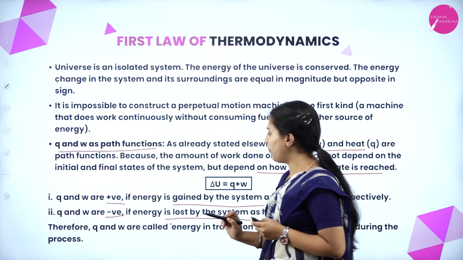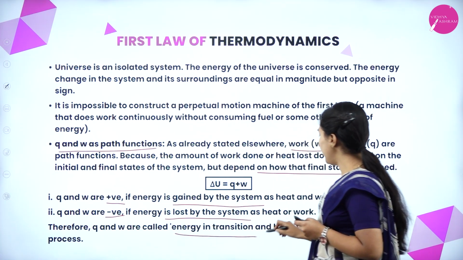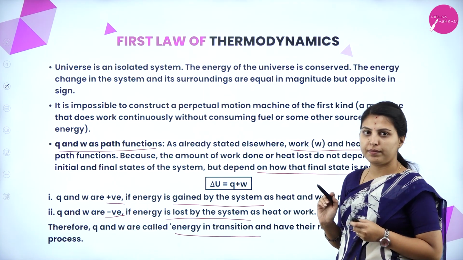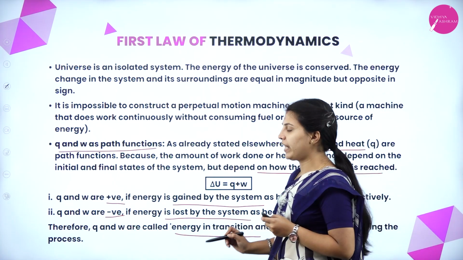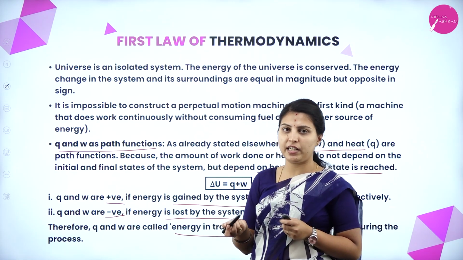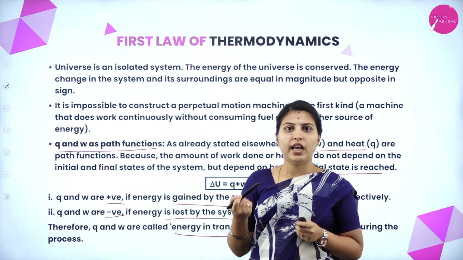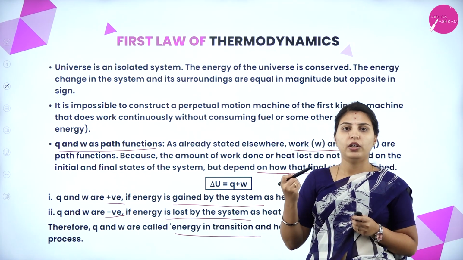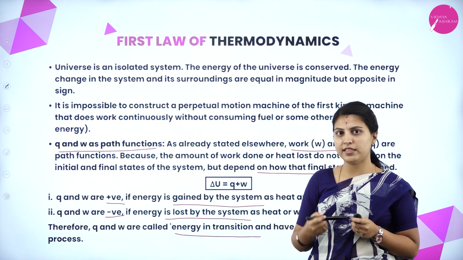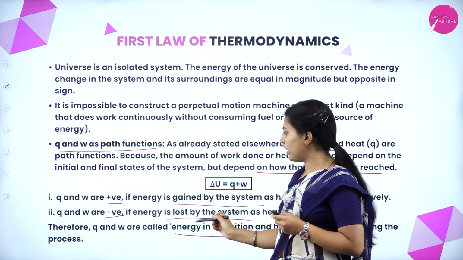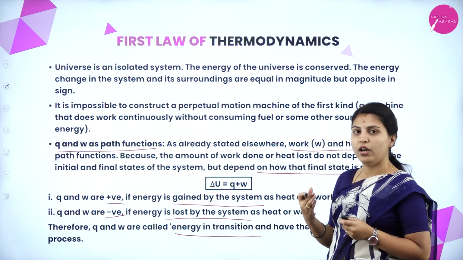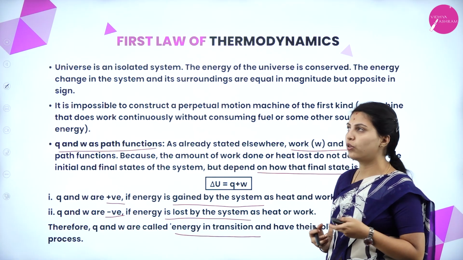Therefore, Q and W are called energy in transition and have their role only during the process. Transition means changes take place. When it is positive, energy is taken by the system; when it is negative, energy is lost by the system. So transition is taking place, and that is why it is called energy in transition, having a role only while the process is going on.